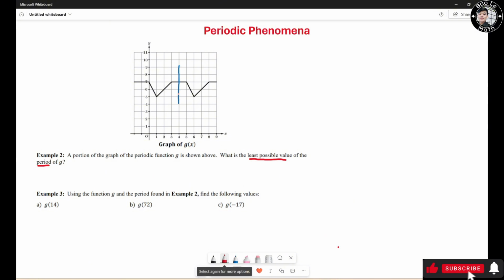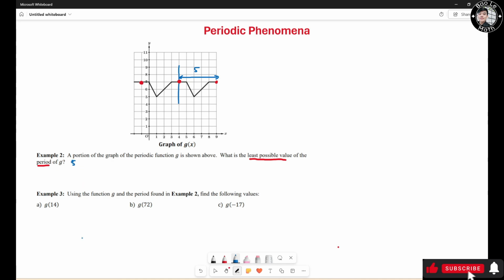If we split this one in half, the pattern starts from here and ends right here, right? And you look at the left hand side, it's going to be exactly right here. Alright, so the distance between these two points is called the period. If we count this one, it's actually 5. So the answer for this one is 5.